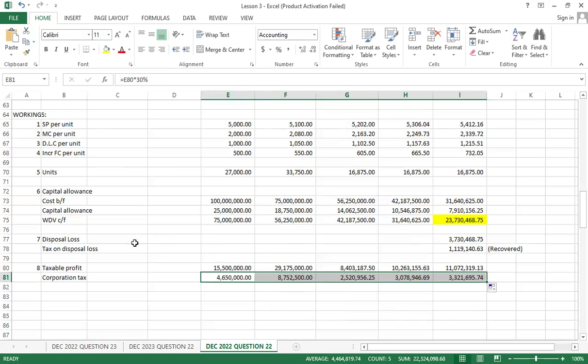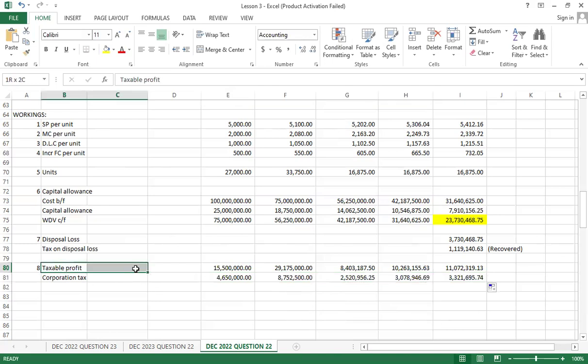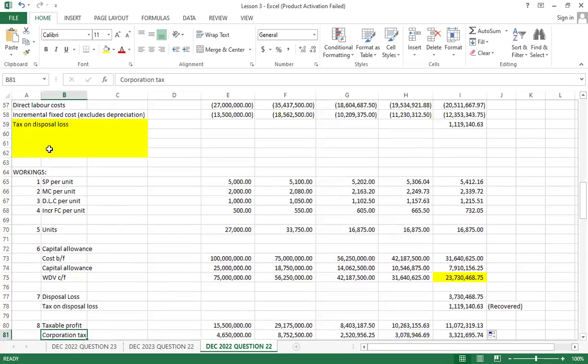Now listen to this. Because this is profit, it is the corporation tax we pay to KRA. And so, as part of the relevant cash flows, there will be the corporation tax that we pay.